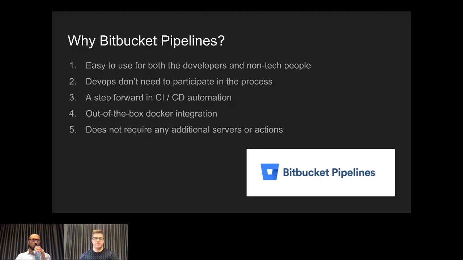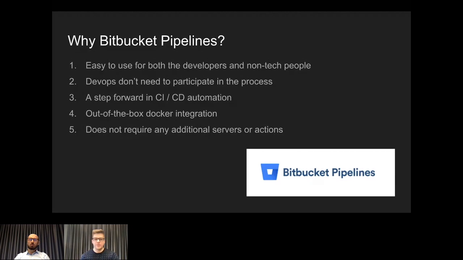The most important thing was that it's easy to use for both developers and non-dev people. So for example, your project manager or product owner can also manage the deployments if they want, or deploy some specific versions to staging to check something or verify if it works.